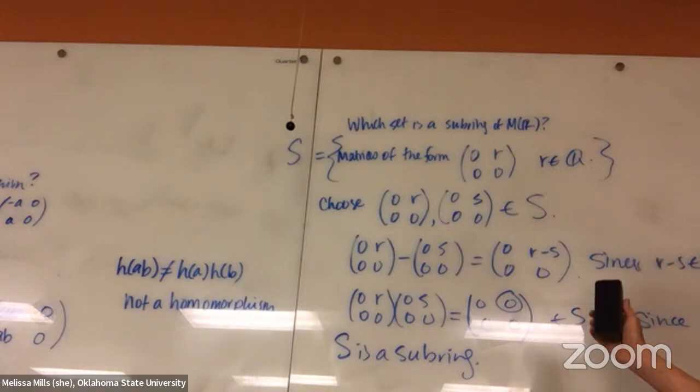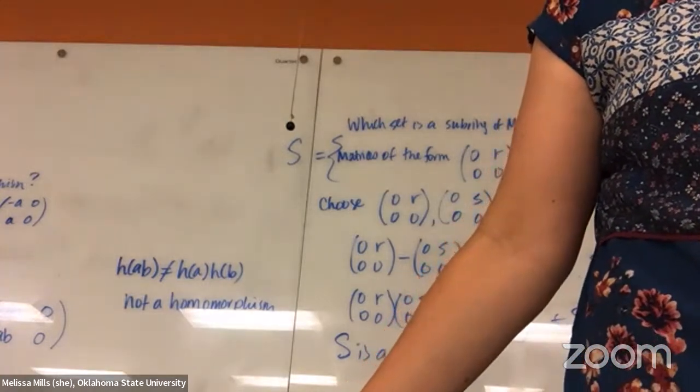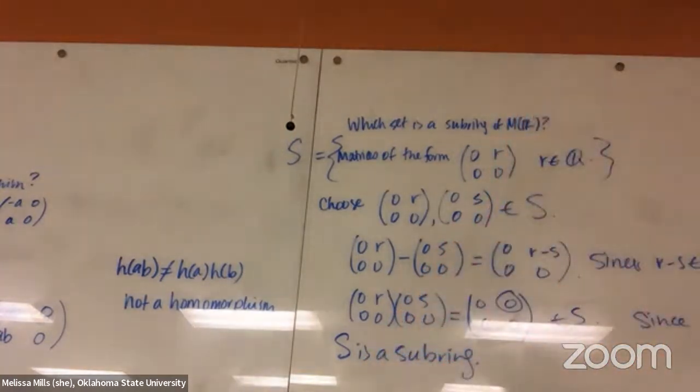There's no multiplicative identity here. Off the top of my head, I can't tell which ones have one. I think this subset that looks like (a, 0; 0, 0) might. I think (1, 0; 0, 0) might be the identity there.